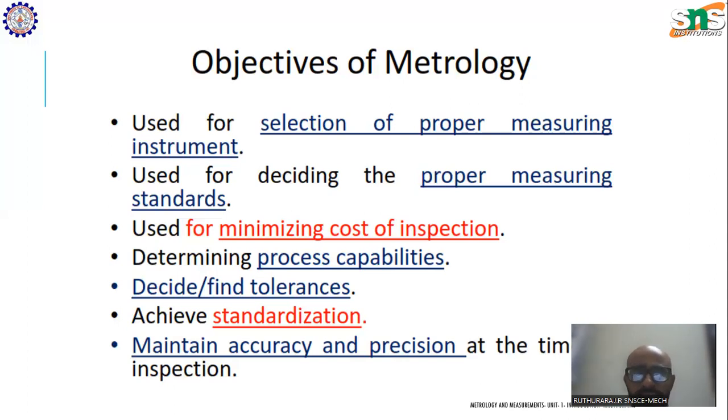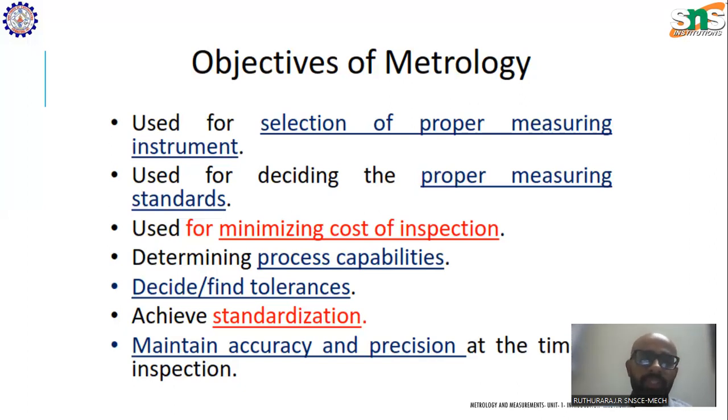No, because it is enough to measure it with the help of a ruler itself. So the accuracy of the ruler is sufficient to determine the length of a table, whereas the accuracy of the ruler might not be sufficient to determine the length of a piston. So that is the difference.